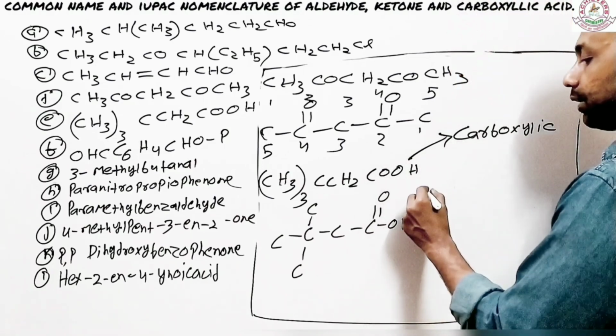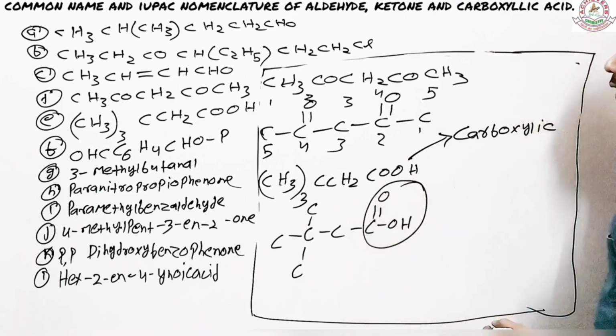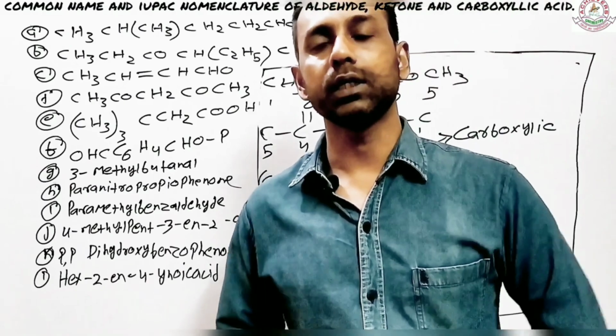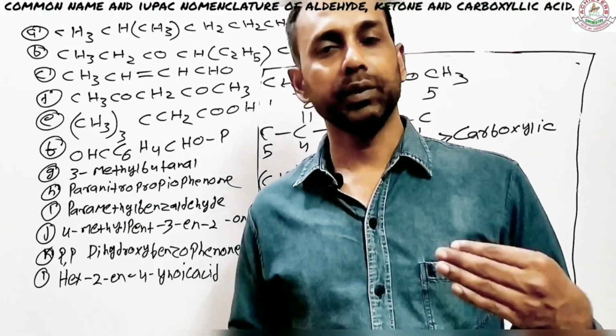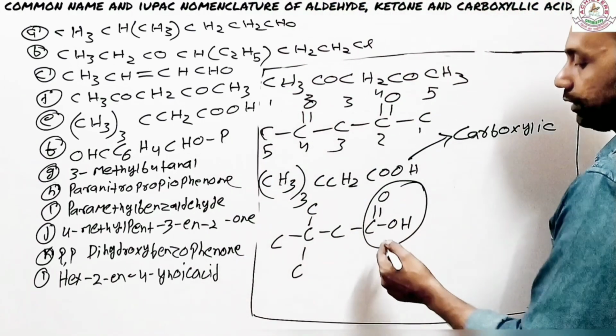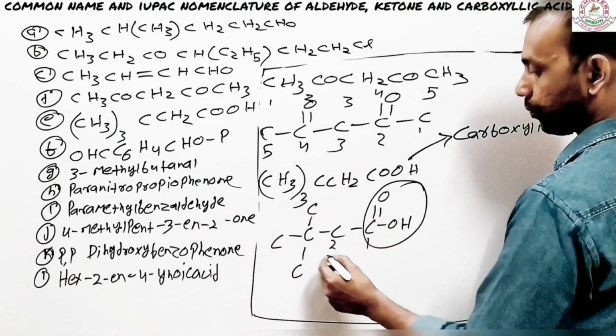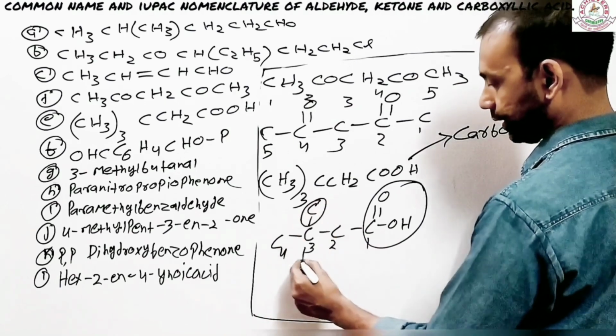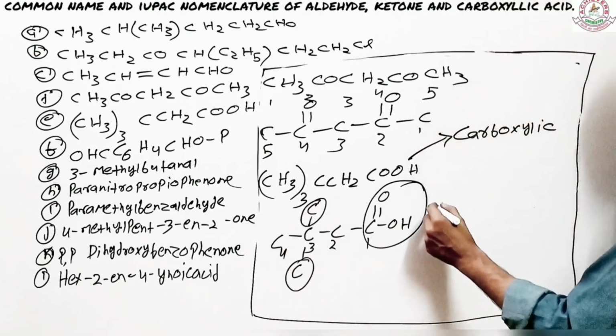Now this group is the king of all the functional groups. So this is the most important functional group you can consider when it comes to priority. So this is the boss of all the functional groups. So I will do 1, 2, 3 and finally 4. So there are two methyls here. So let me write the name.